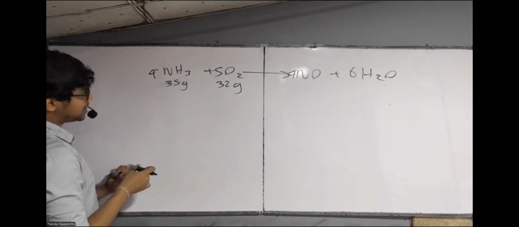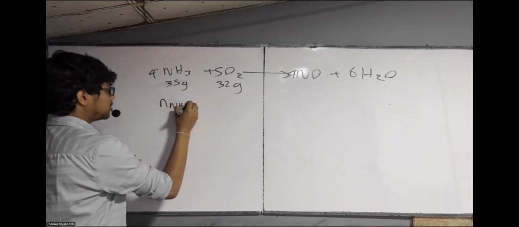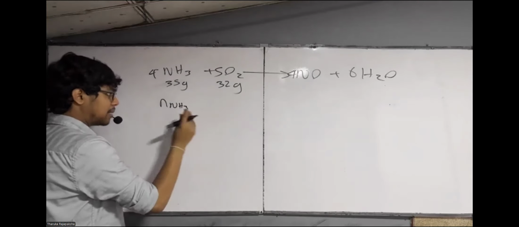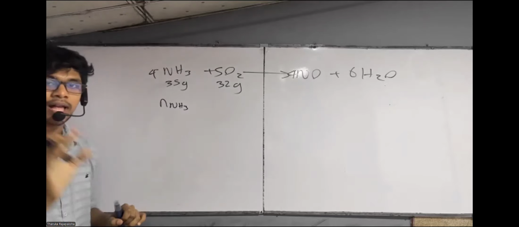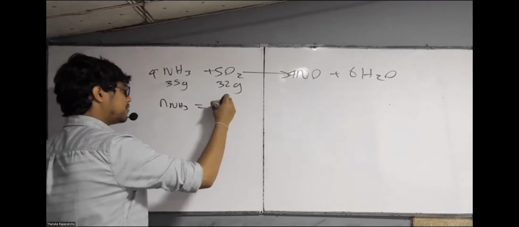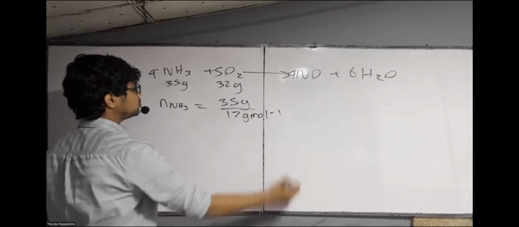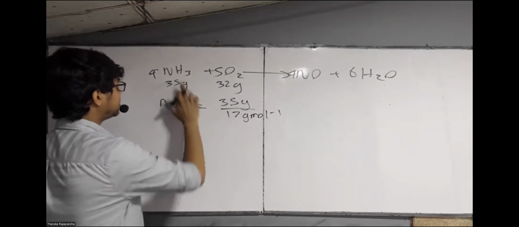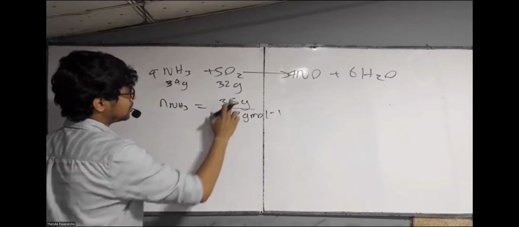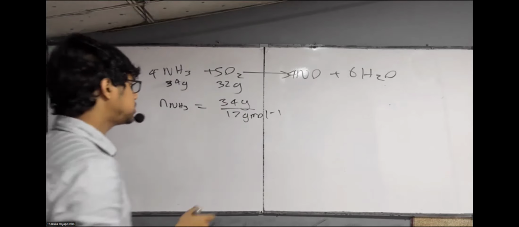So what I'm going to do is, first of all, calculate the number of moles of ammonia. I'm just going to calculate how much ammonia there is in moles. So number of moles of ammonia will be 35 grams divided by 17 grams per mole. I wanted this to be 34. 34 grams divided by 17 grams per mole.